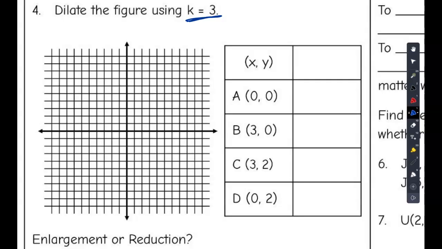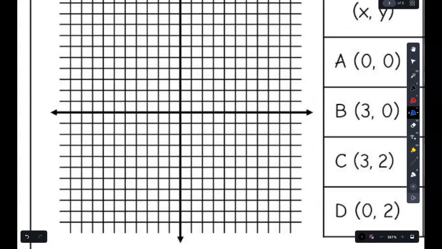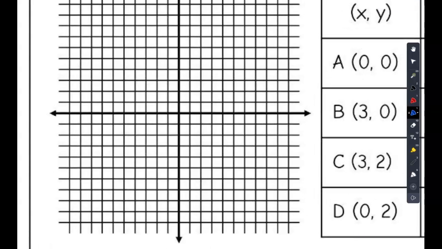But first, let's go ahead and graph the original one. Okay, so I'm going to zoom in here. I've got 0, 0 for A, 3, 0 for B, 3, 2 for C, and 0, 2 for D.